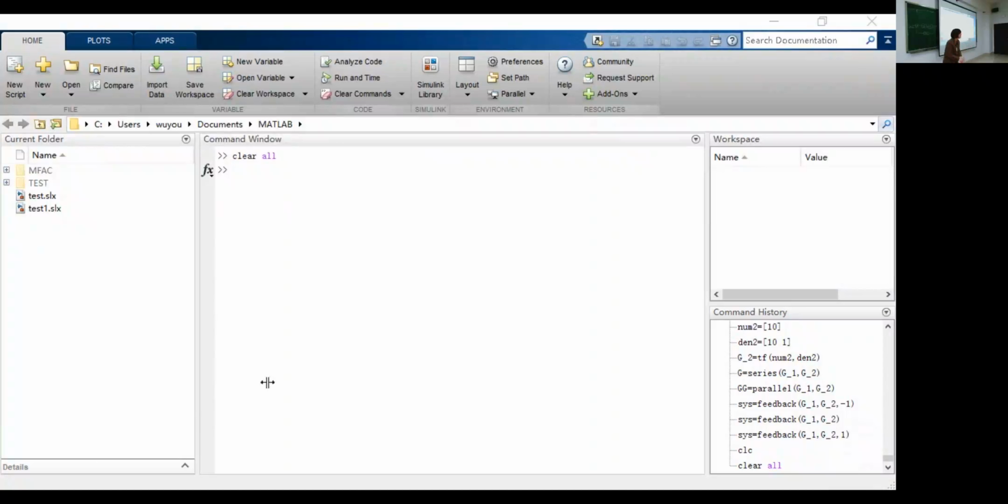Then how to get a curve? What block, what instrument should we use? Scope, right? So here we drag the scope to the blank, and then the output should directly connect to the scope. And the scope will show the output curve, right?